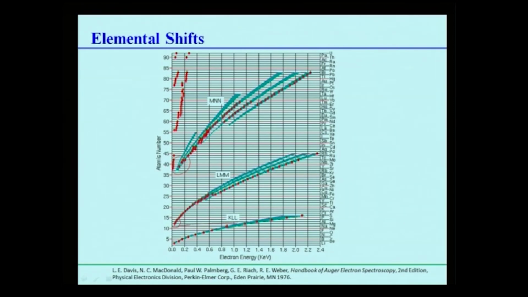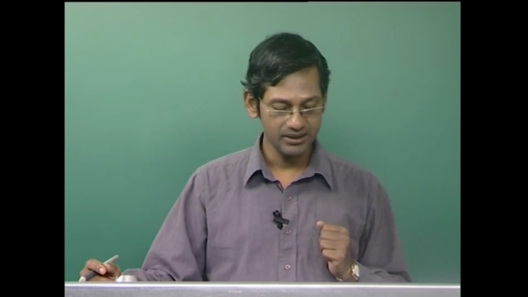So from this diagram one can understand that if I have alloys, suppose between aluminum and niobium, obviously there will be chemical shift of the peaks from both aluminum and niobium because of these different transitions.